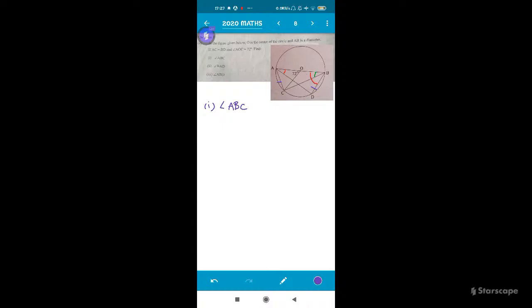So let us write angle ABC is equal to half of angle AOC. Please write down in the bracket the reason, that the angle subtended by a chord on the circumference is equal to half of the angle subtended on the center. Please don't forget to write down the reason, because it will lead to loss of marks. So half of 72 is 36 degrees. So the value of angle ABC is 36 degrees. I hope it is clear.